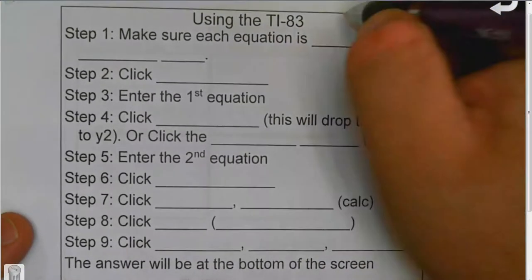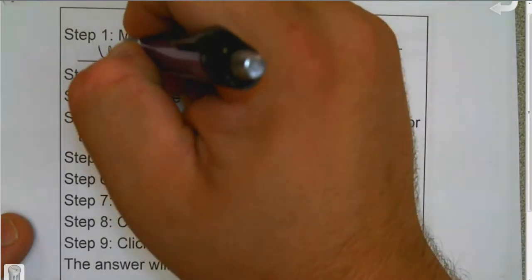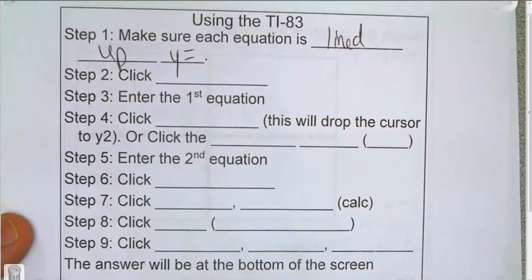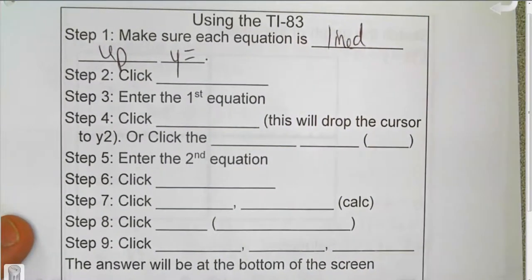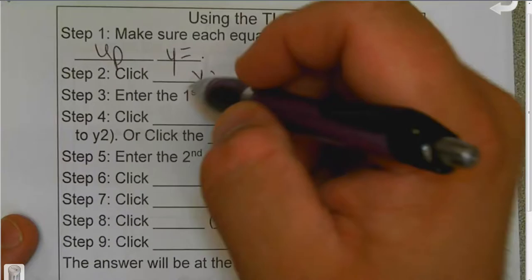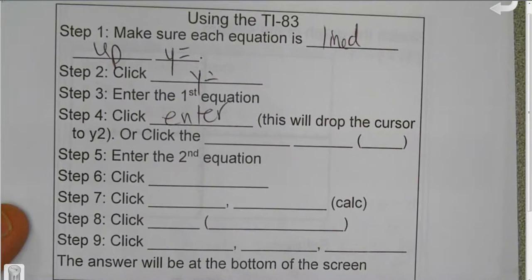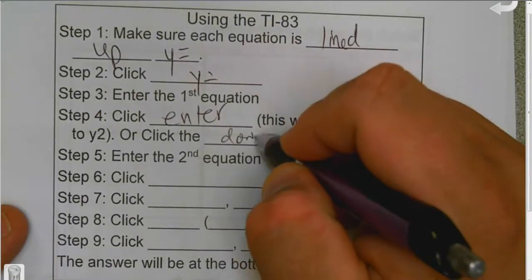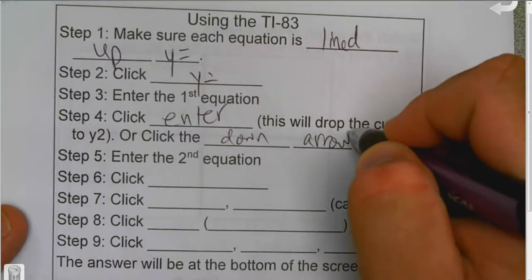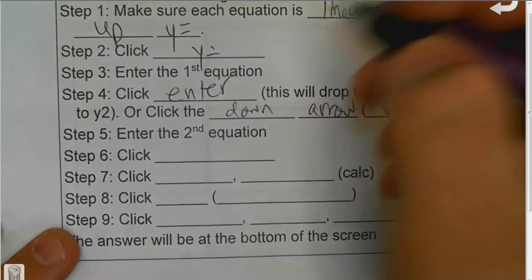Make sure each equation is lined up in y equals. And so then you click y equals on the calculator. You enter the first equation and click enter. This will drop the cursor to y2, or you could click the down arrow. You enter the second equation in and you click enter.